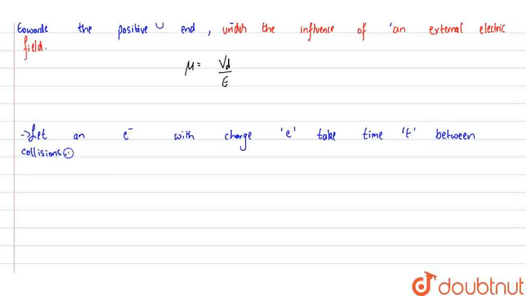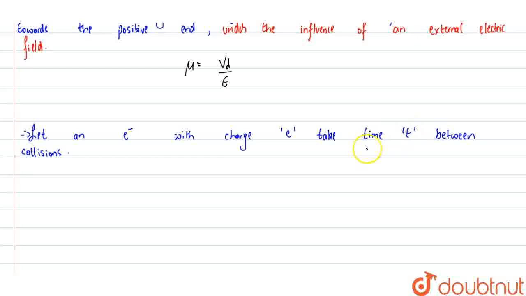We will refer to this average time t between collisions as the relaxation time, because the electron is not undergoing any collision, it's kind of relaxing between collisions.